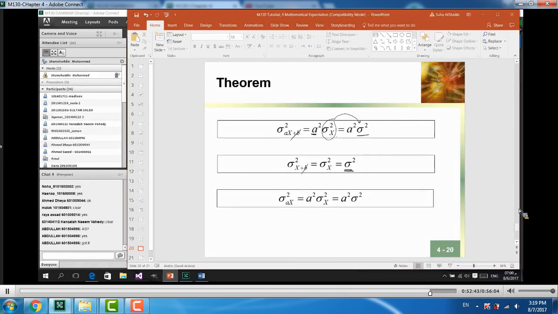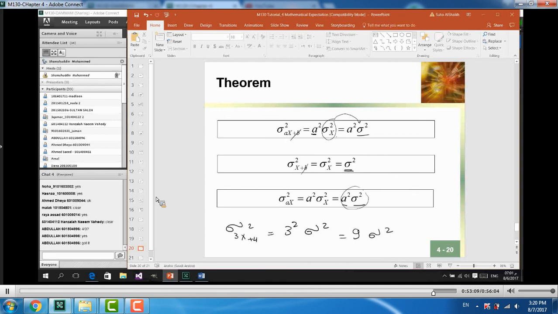For example, the variance of 3x plus 4 equals 3 squared sigma squared, meaning 9 multiplied with the variance that we have. Is that clear?